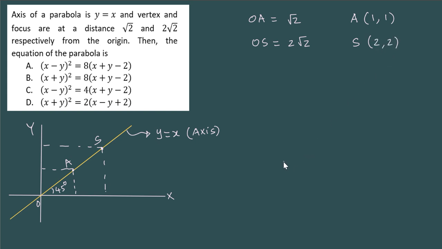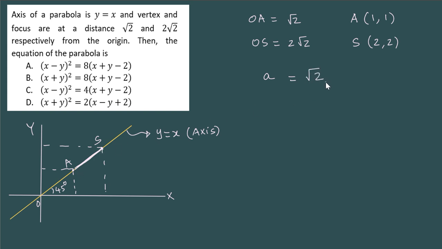Now the distance between the vertex and the focus, which is our A, can be obtained using the distance formula, and I think it is very obvious. So this is 2 root 2 and then this is root 2 again, so this is clearly root 2.